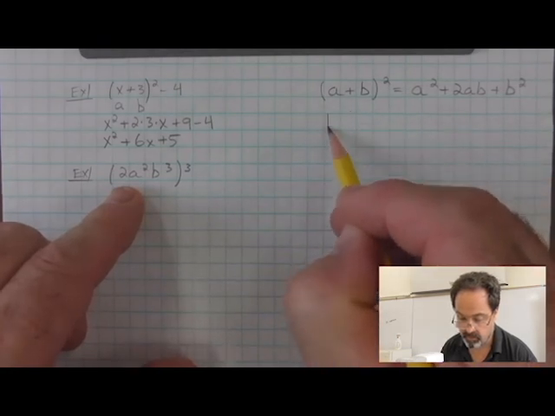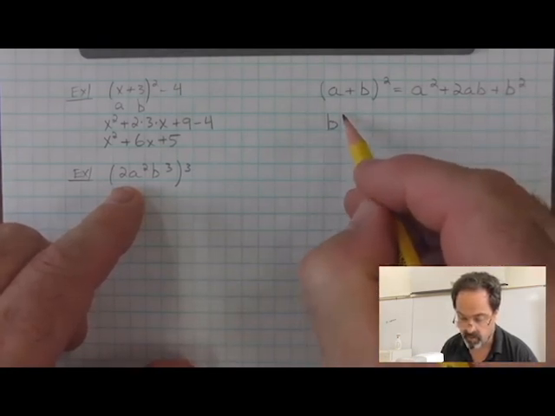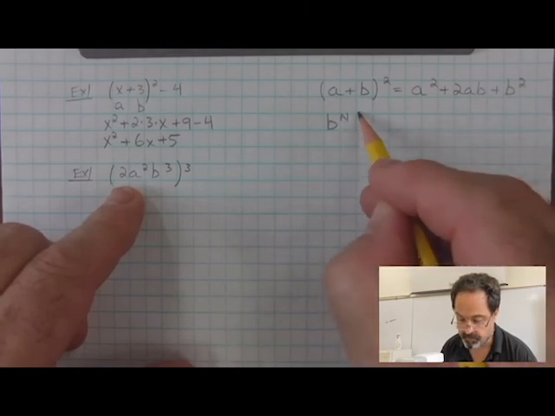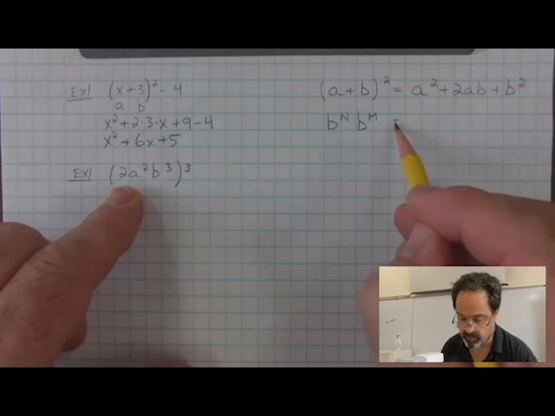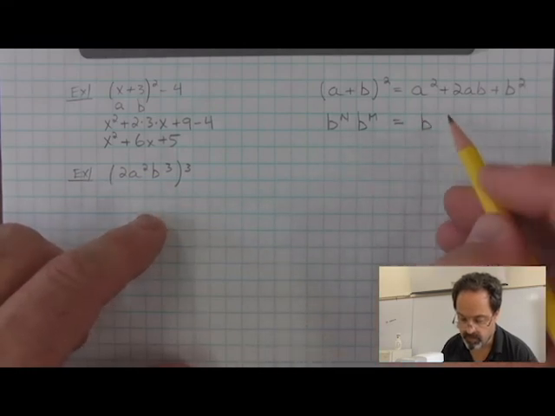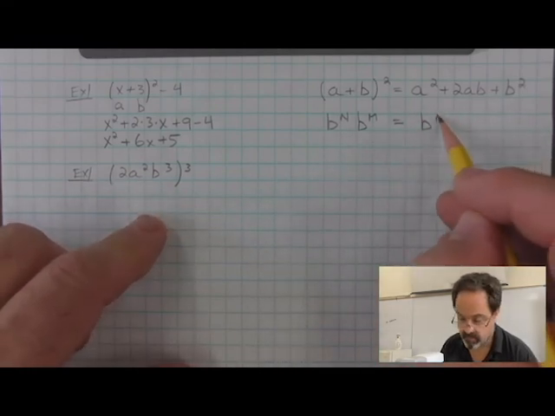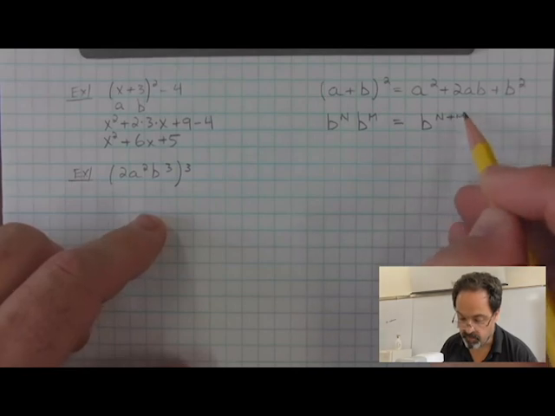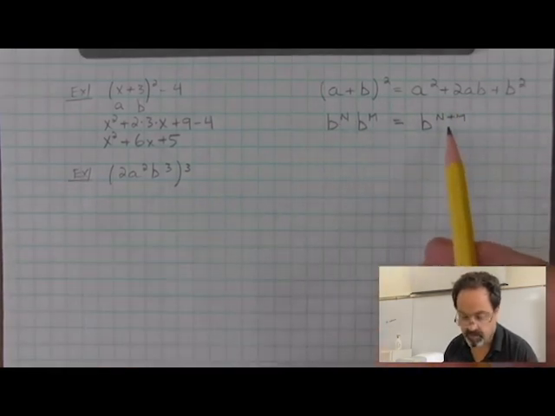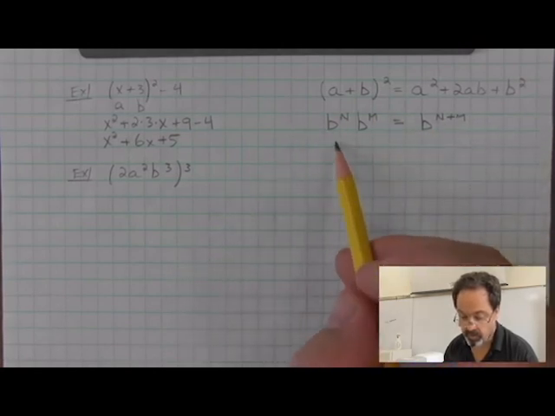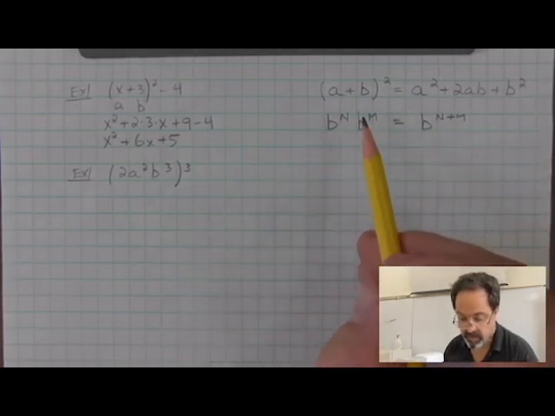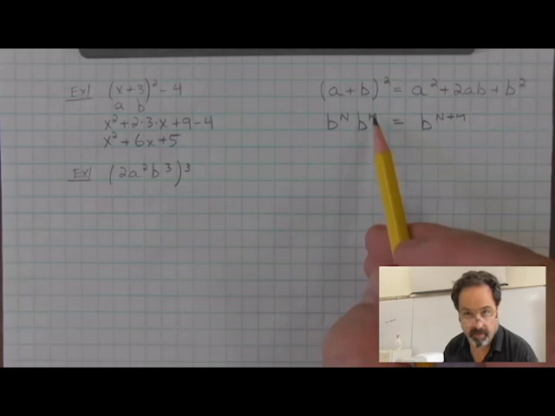And we could be revisited in our notes with a property of powers: a base to an exponent times another power of the same base to another exponent can be simplified as that base to the sum of the two exponents, in this case n + m. This is a power property. It'll work for any base and any exponent n and m.